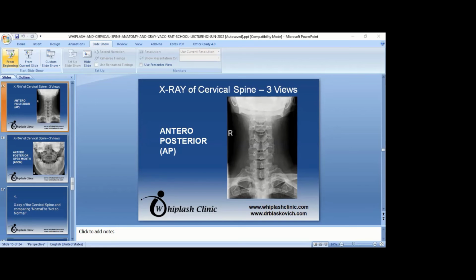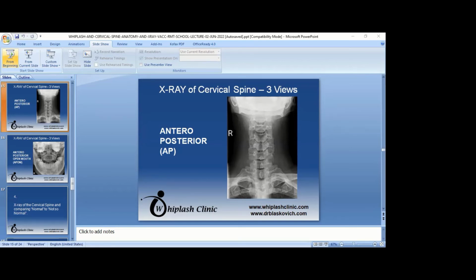Third, an overview of the 3 basic views of an X-ray for evaluating the cervical spine. And I say 3 basic because there are multiple more views that can be taken, and sometimes do get taken, for better assessing 3-dimensional structure like the neck from more planes than just the 2 planes that are generally evaluated.